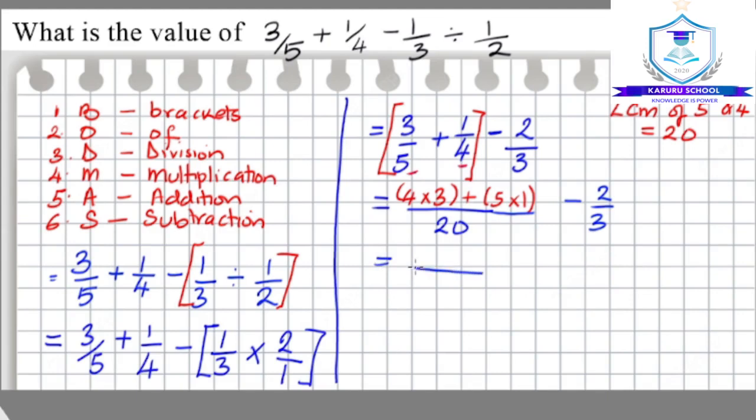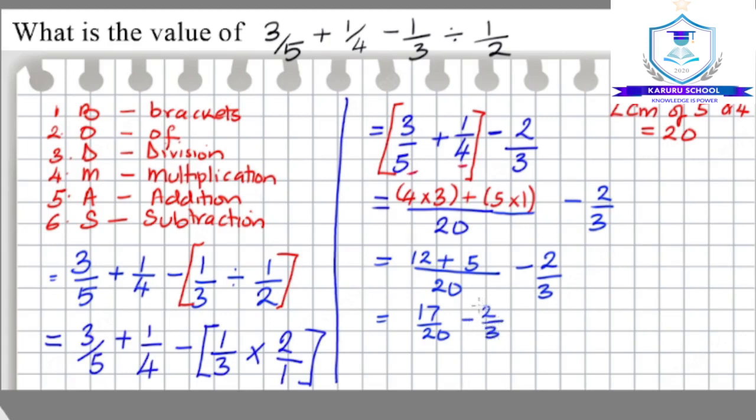So upon simplification we have 20 as our denominator, and in the numerator we have 4 times 3 is 12 plus 5 times 1 is 5, minus 2 over 3. So this will give us 12 plus 5 is equal to 17 over 20 minus 2 over 3.